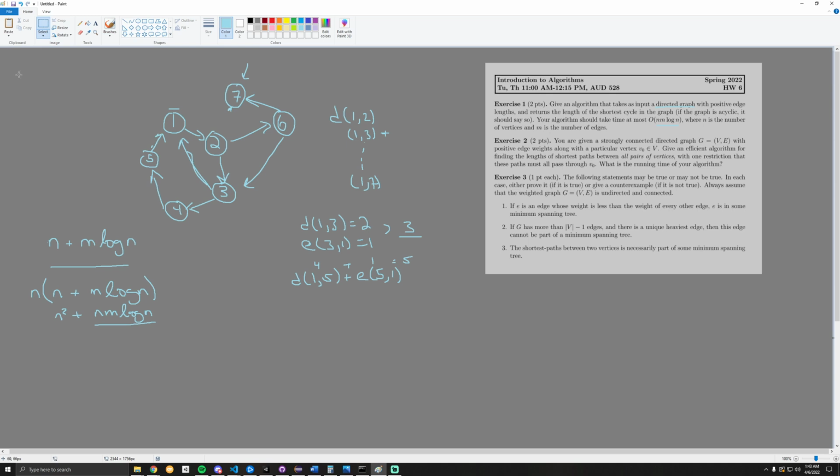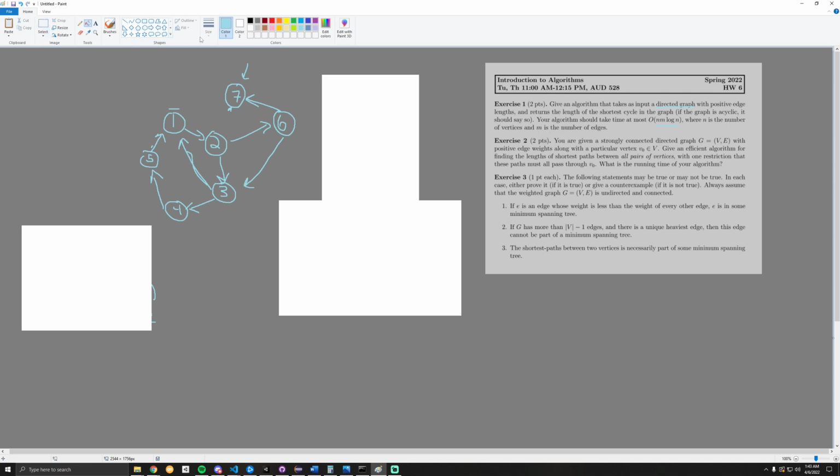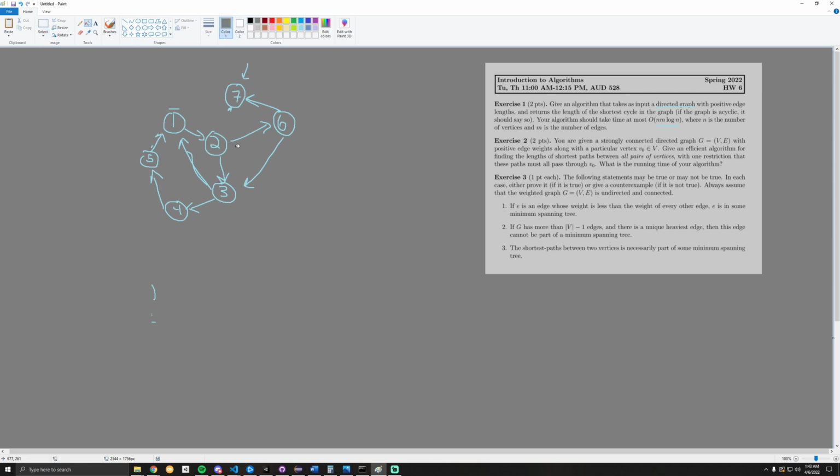Okay, now the next one here, let me clean this up so we have space. Okay, using our same little cycle, let's take a look at this one.